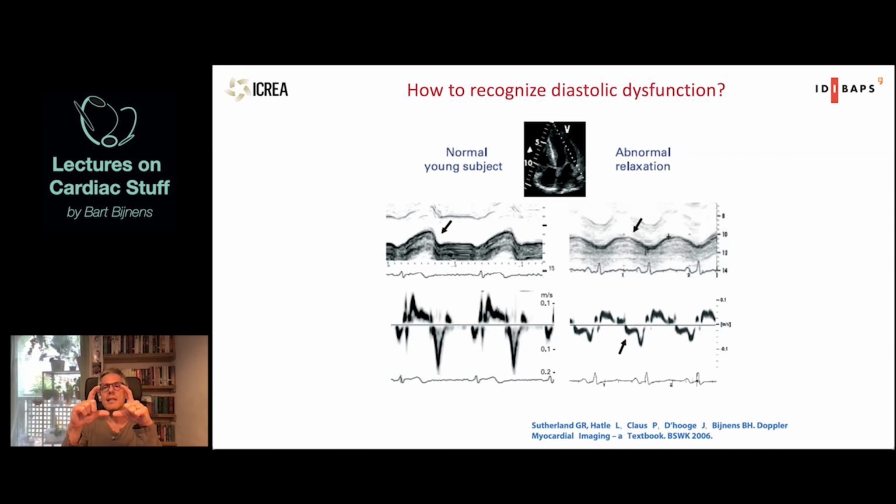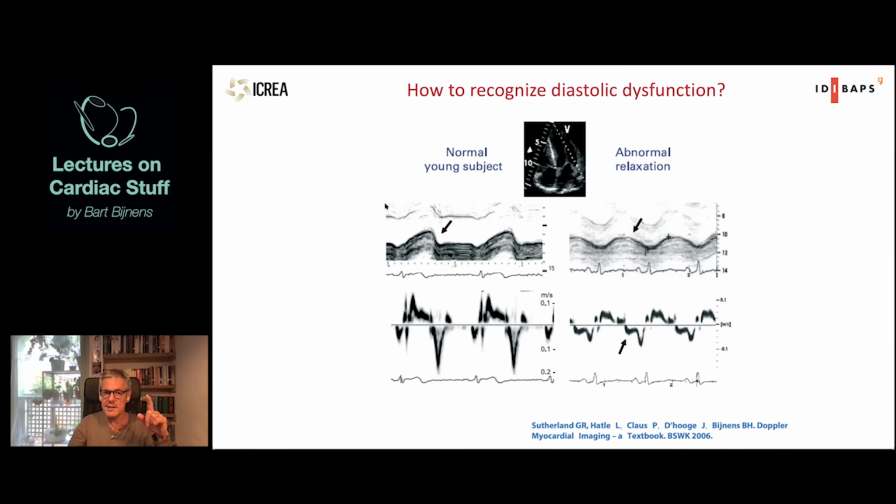So what happens is that you actually increase your longitudinal function. That means that you have more ring motion, and you will have a faster S wave also in your tissue Doppler. And of course, if you contract more, you can also mostly faster and more have early relaxation.